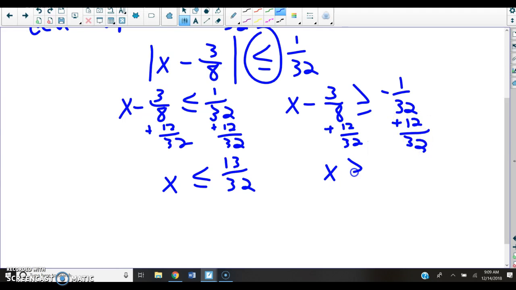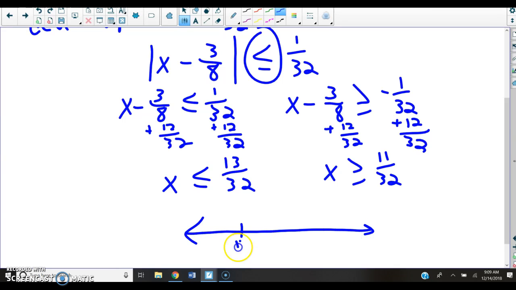My rope is going to be greater than 11 over 32. So that 3/8 rope can go from 11 over 32 to 12 or 13 over 32. And that would be the diameter of the rope. This is definitely an and. Range of values. And that's what's going to happen most of the time.